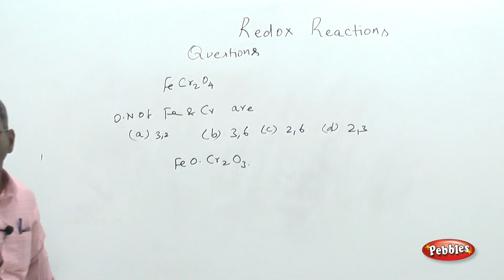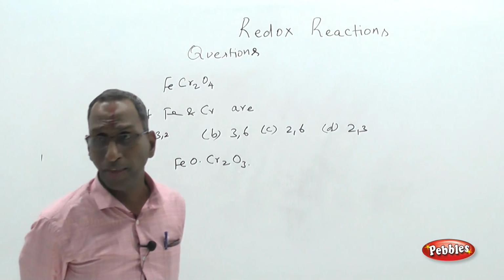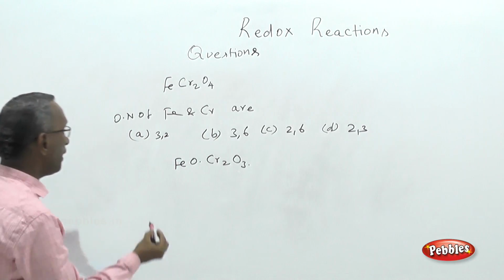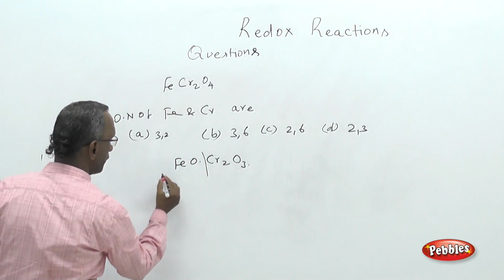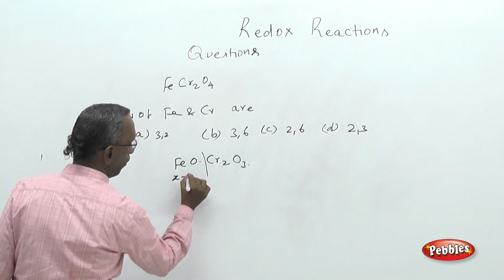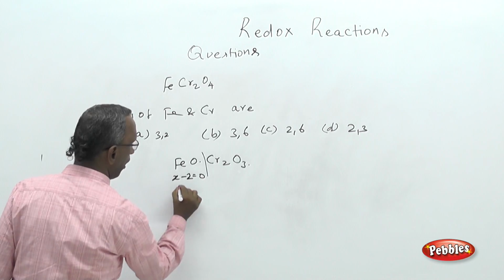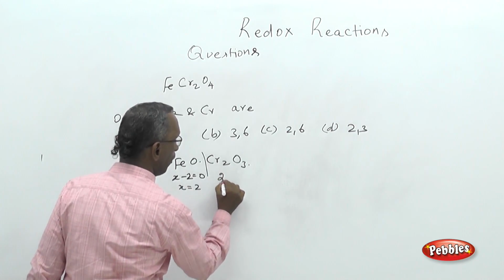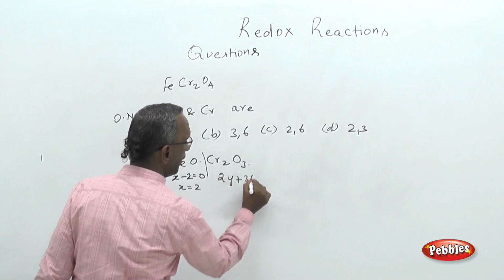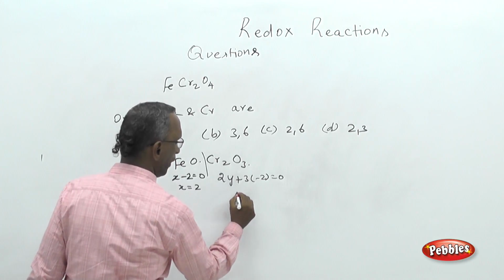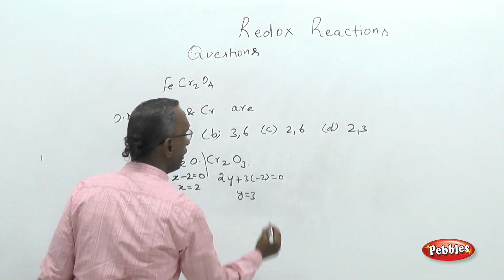So iron chromite is a mixture of iron oxide and chromic oxide. Separately now we can calculate. Iron oxide: x plus 1 oxygen minus 2, so x equals 2. Chromium: 2y plus 3 into minus 2 equals 0, 2y minus 6 equals 0, y equals 3.